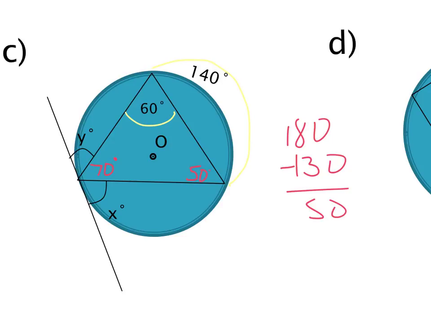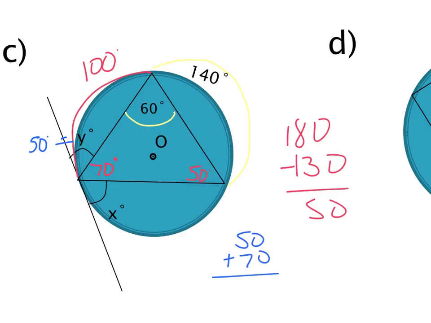Where does that get you? Y equals 100? The arc equals 100, right? This arc would equal 100 because it's double the 50, which means y is what? 50. Okay, it's half that arc. And then can't you add 50 and 70, and the x is going to equal 180 minus that? Sure can.